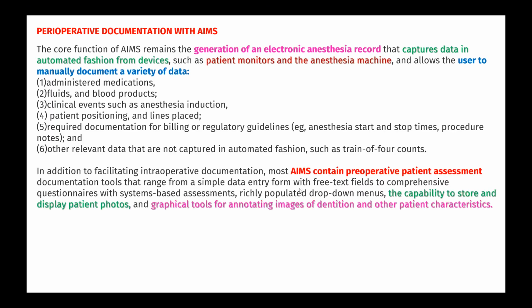So the AIMS contains preoperative patient assessment also, and gives a display of patient photos and graphical tools for annotating images of dentition and other particular characteristics. For example, if you say the patient is an anticipated difficult airway, the future is going to be like that.